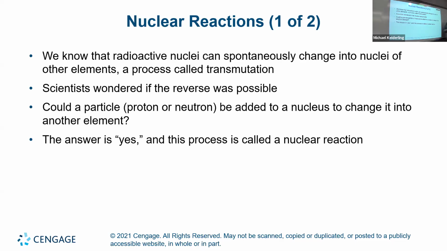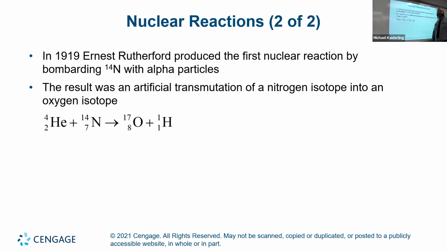It's ridiculously expensive. So in 1919, Ernest Rutherford produced the first nuclear reaction by bombarding nitrogen-14 with alpha particles. And the result was an artificial transmutation of a nitrogen isotope into an oxygen isotope. You went from nitrogen-14 and a helium nucleus to oxygen-17 and a proton, a hydrogen nucleus.